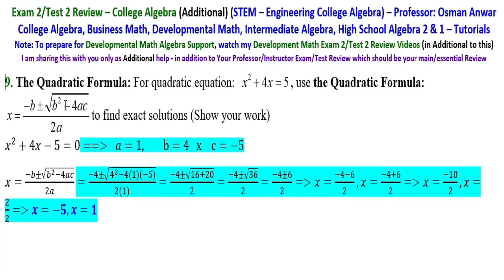Notice this b squared minus 4ac is the discriminant, which we found to be 36 in the previous question. So to find the exact solution, x squared plus 4x minus 5 equals 0. A is 1, b is 4, and c is minus 5.